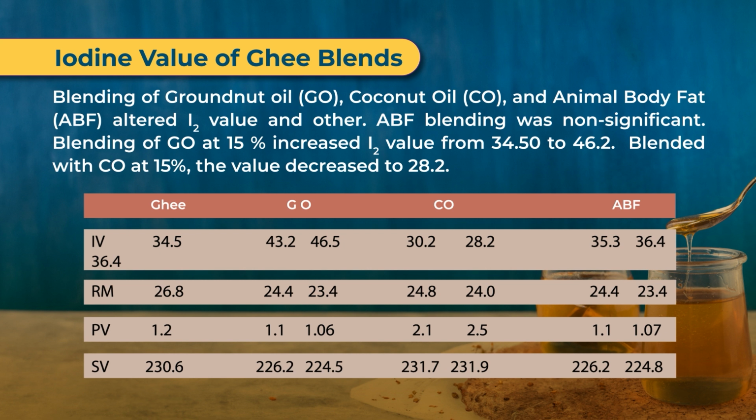But suppose ghee is mixed with animal body fat, it hardly matters because their iodine value is matching. The sap value is also matching. So it's really difficult to determine. If somebody is mixing animal body fat in ghee, it is very difficult to find out from these methods, iodine value or Polenske or Reichert-Meissl method.